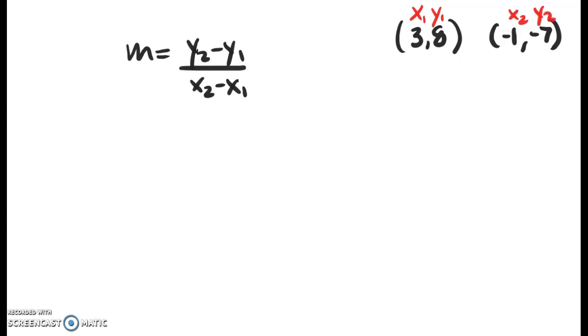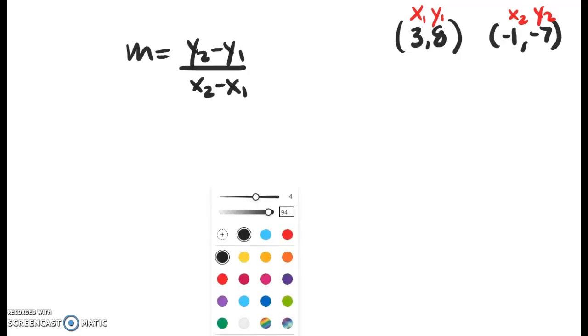It doesn't matter which one I call the second set of points and the first set of points. I could interchange those, but it's important not to mix the subscripts with different numbers. So you call them first set, second set. In the end, it'll work out to be the same when you simplify.